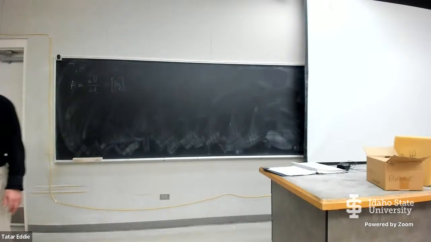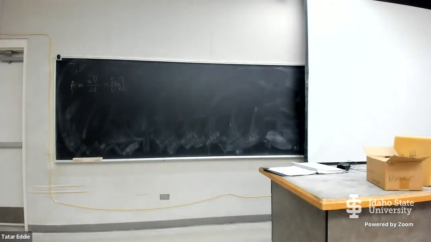For example, 1 curie is approximately 3.7 times 10 to the 10th becquerels, and this is the activity of 1 gram of pure radium. But the becquerel is the preferred unit in the SI system, and this is what we're going to use in this chapter.